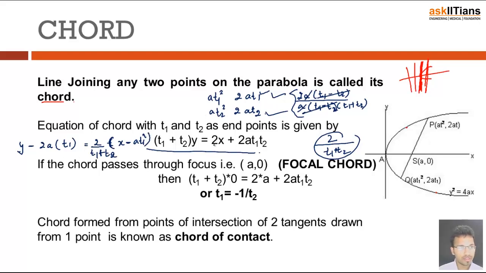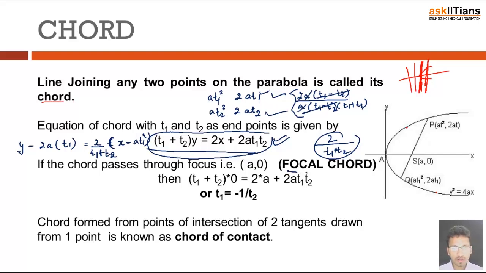On solving this, I am sure you will get the equation of the chord. This is any general chord, meaning we have taken nothing else into consideration. The only point we have considered is that this is the equation of a line for which the 2 points are lying on the parabola.